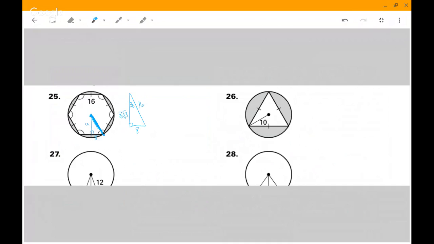So now you've got all the measurements to find the circle. To find the circle, all you need is the 16 because the circle is pi r squared. So what would the area of the circle be? You can leave pi in there if you want until the end.